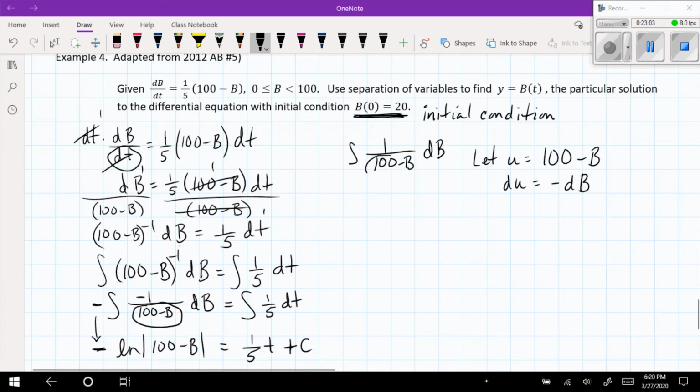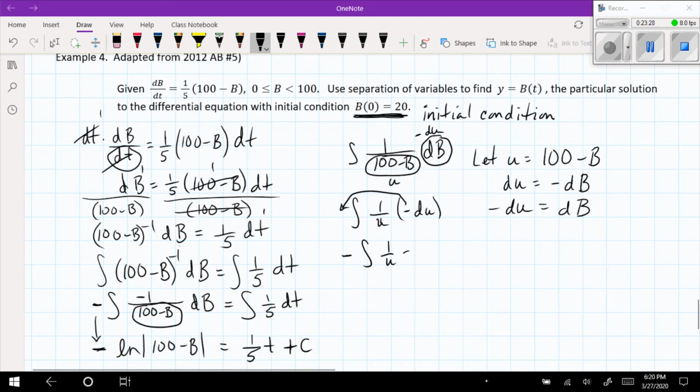This 100 minus b, this is like my u, and my dB, I need to solve for dB. This is negative du is equal to dB. Come up here, circle the dB, and call it negative du. This now becomes the integral of 1 over u multiplied by negative du. This negative comes on the outside, and I have 1 over u du.